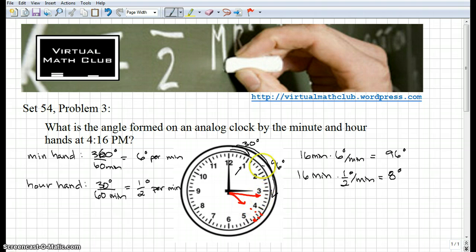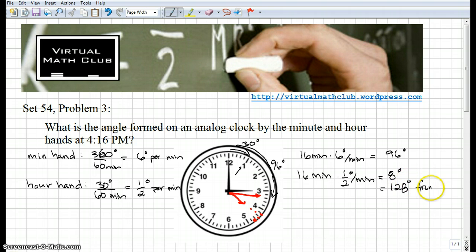It's already starting at the 4, which if I measure that from the 12, that's 30, 60, 90, 120. So 8 degrees is measured from the 4, but since I measured the other one from the 12, I'm also going to measure this one from the 12. So that is equal to 128 degrees from the 12.